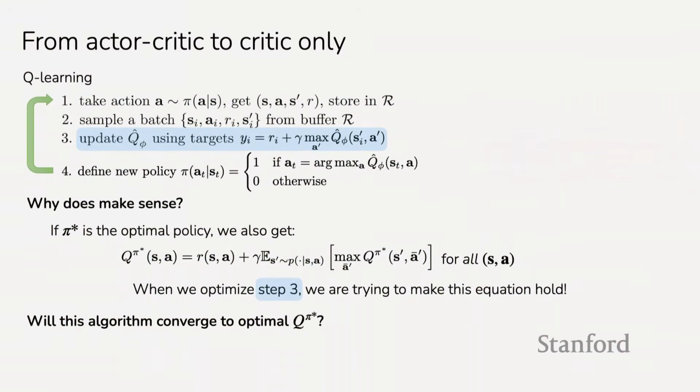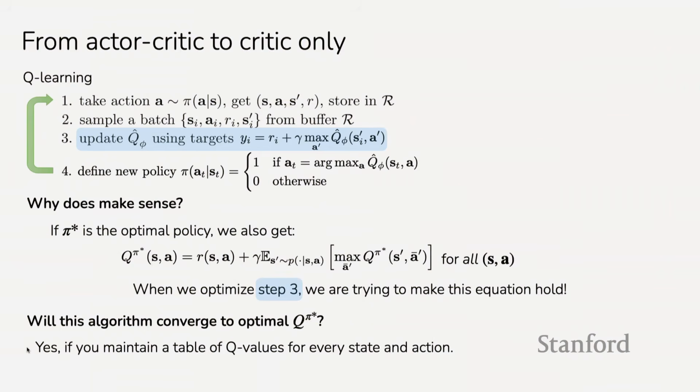Okay, so getting back to the question, if we do this iteratively, will we converge to the optimal policy? There's good news and bad news here. The good news is that if you're in a very simple setting, where you can actually store all of your Q values in a table for every single state and action, this would be for a very small, discrete state and action space, and if you have sufficient exploration, then this algorithm will converge.